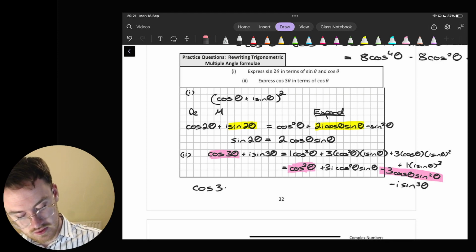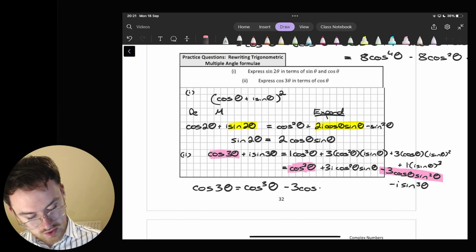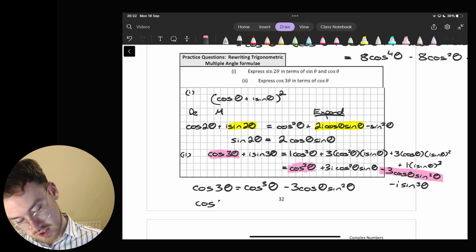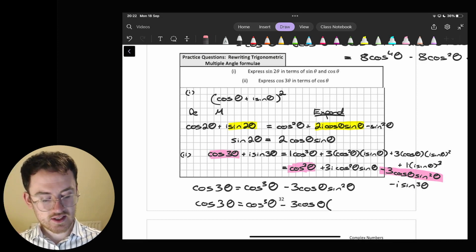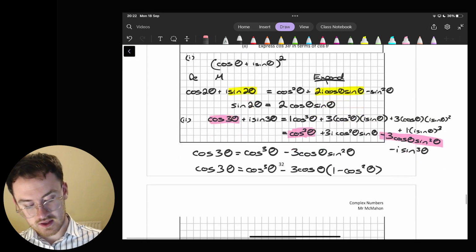So cos 3 theta is the same as on the right hand side, cos cubed theta minus 3 cos theta sine squared theta. We don't want to have any sine squared, so we're going to use that same identity we used last time, sine squared being equal to 1 minus cos squared.